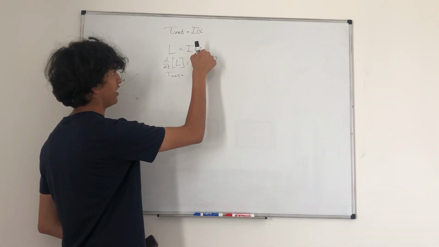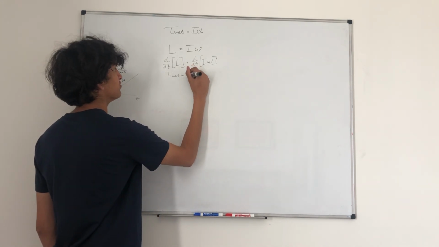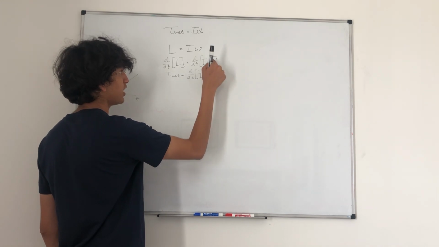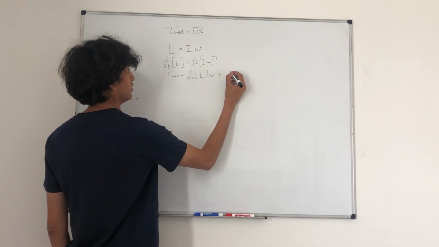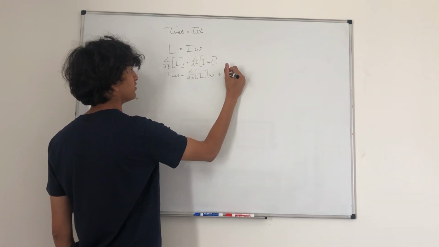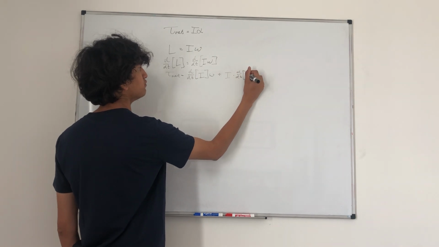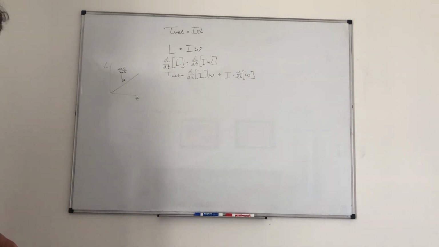This is like f and g, so f prime g plus f g prime. So I'm going to do the derivative with respect to time of the rotational inertia times omega, plus I times the derivative with respect to time of omega. This is just the product rule, expanded.